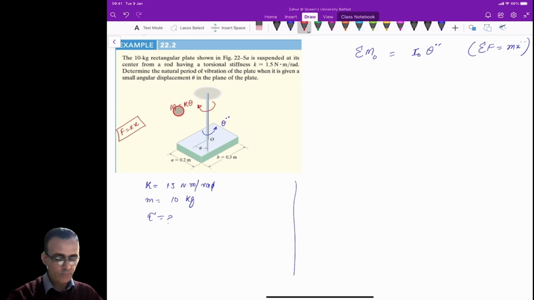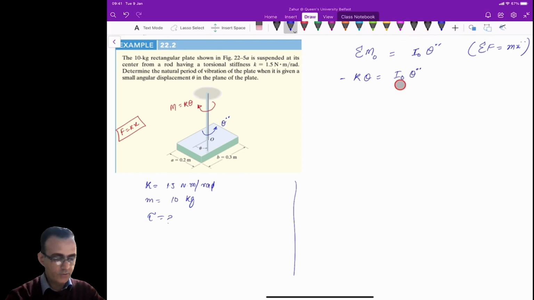So the moment will be k, which in this case is the torsional stiffness, and we replace the linear displacement x by the angular displacement theta. The moment will become equal to k theta, and this is opposite to the acceleration here. So if you write the equation, this will become minus k theta equal to I naught theta double dot here.